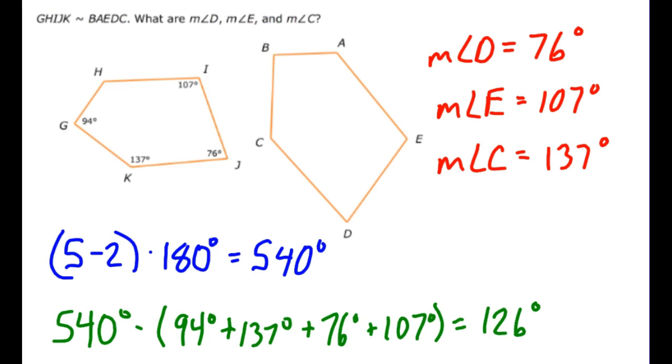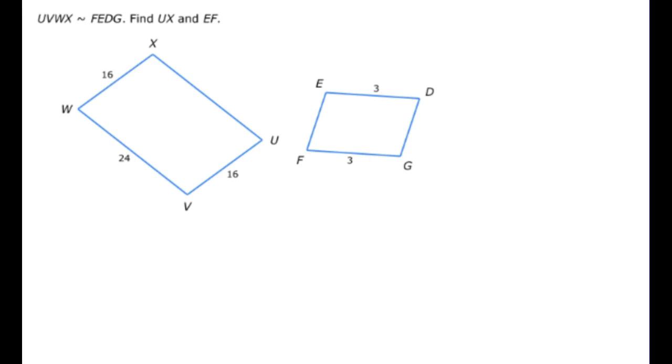In this next example, we're told that quadrilateral UVWX is similar to quadrilateral FEDG. We want to find side lengths UX and EF. So we need to find the ratio of the comparison of the side lengths. Basically, we're finding the scale factor.